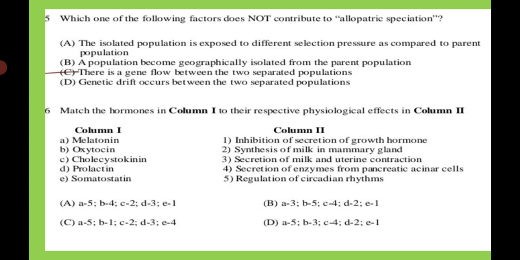Option A: the isolated population is exposed to different selection pressure compared to the parent population. Yes, this is true for allopatric speciation. Option B: a population becomes geographically isolated from a parent population. Yes, it is also true. Option C: there is gene flow between the two separated populations. It is false.